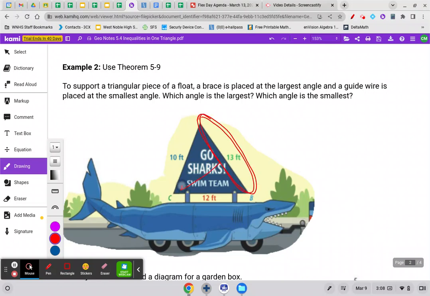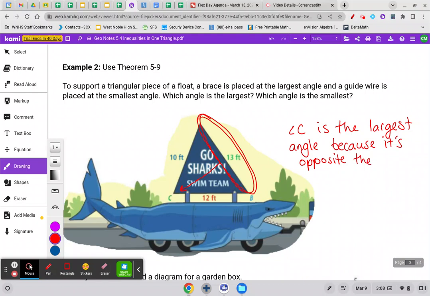So the largest angle is angle C. Similarly, angle B must be the smallest angle because it is across from the smallest side.